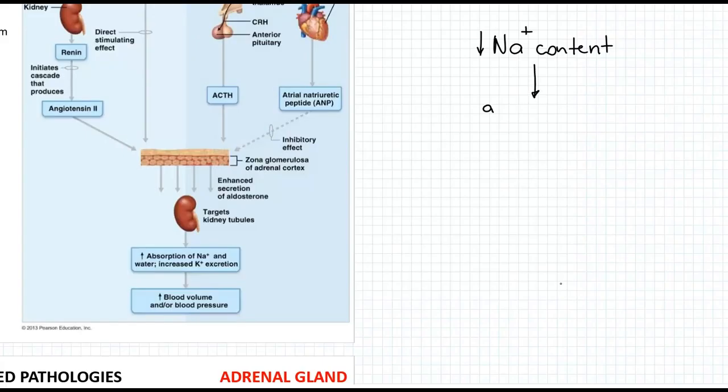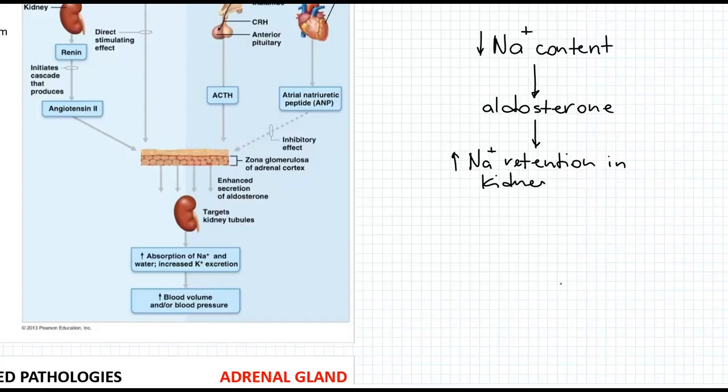That triggers aldosterone production. And what aldosterone does, it increases sodium retention in kidneys. So sodium goes back in the blood.